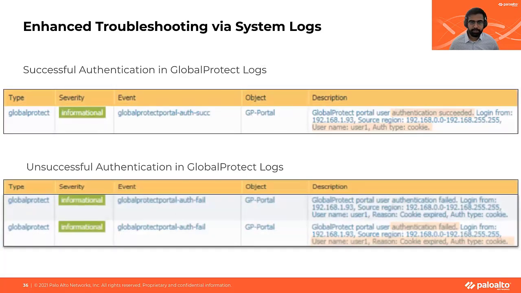So the other log category is the system log category that can be used by admins to troubleshoot cookie-based authentication issues. The system log category, again, contains informational logs pertaining to whether or not the cookie authentication was successful. If not successful, it also contains reasons like why the cookie expired, etc. This is helpful for customers who currently use PAN-OS 9.1 and below.